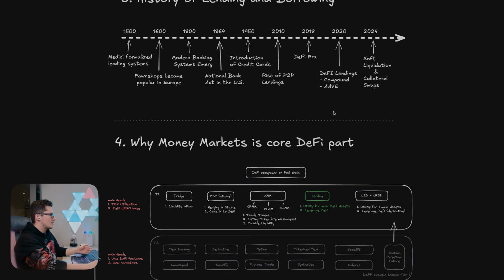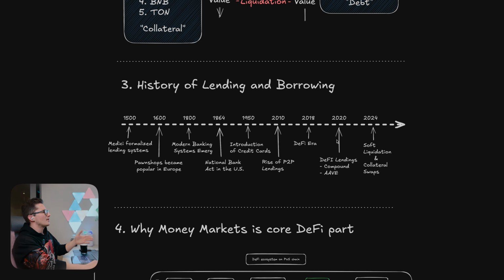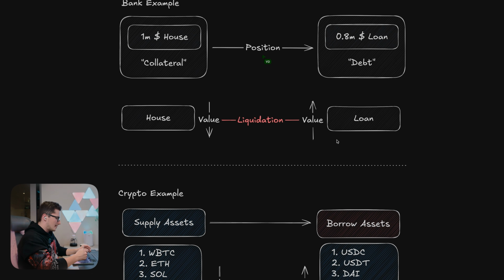You may also ask the question, okay, how do lending protocols earn money? That's very simple. You're paying negative interest because you're using the loan, and someone provided this money as a deposit, and on the deposit they receive a positive interest.